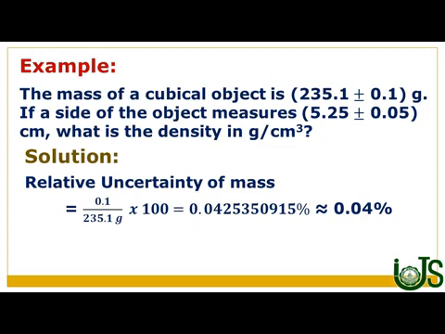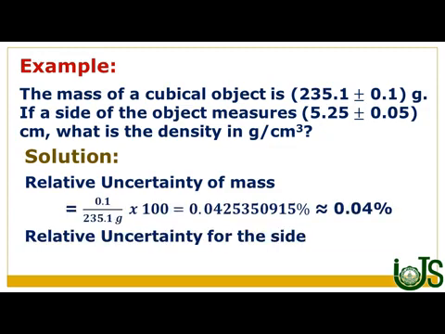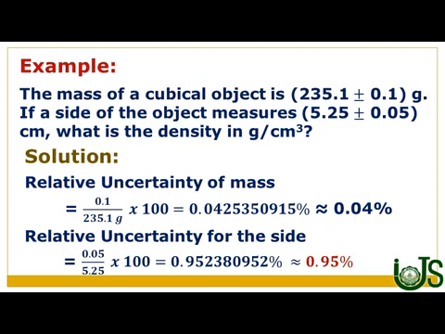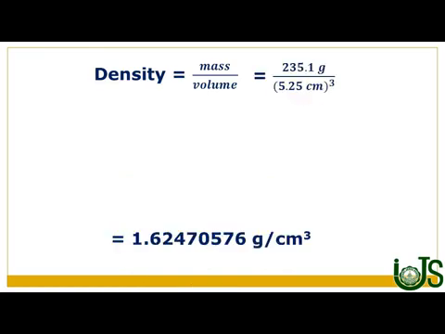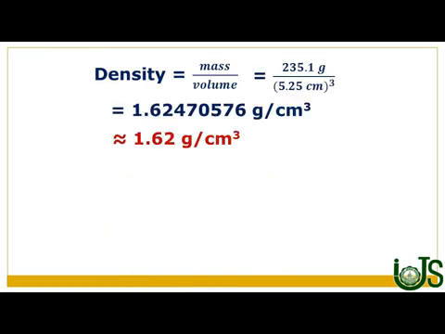Next, the relative uncertainty for the side: we divide 0.05 by 5.25 times 100. Your answer is 0.95238952%, or approximately 0.95%. It is still two significant figures because it is lower than 2%.